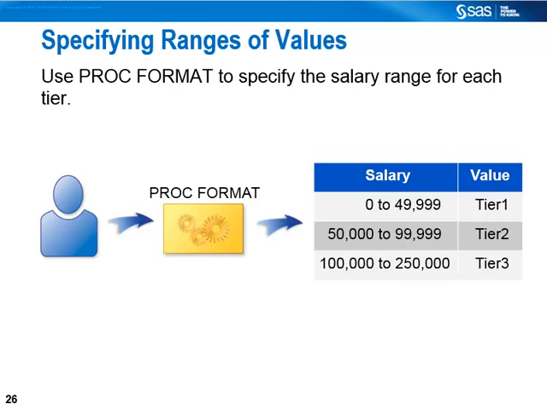If someone's salary ranges from 0 to 49,999, he should be put into the tier 1 group, and if someone's salary is between 50,000 and 99,999, he should be put into the tier 2 group, and someone's salary above 100,000 reaching to 250,000 should be put into tier 3.